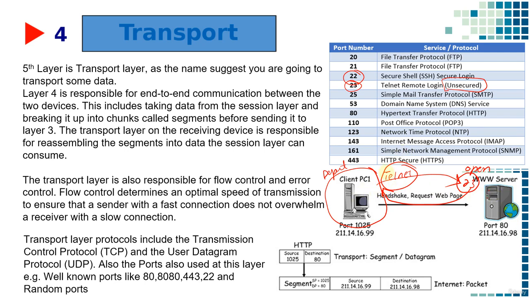But in telnet, whatever data, username or password, is sent over the wire is clear text. So whatever information I send over telnet is clear text, and if some hacker is sitting in between, they can get hold of that password and access my server.